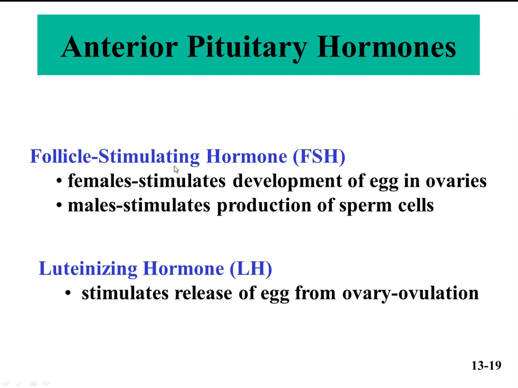So follicle stimulating hormone's target cells are in the ovaries and cause the ovary to promote the developing or the maturing of the ovum, or the eggs, in the ovary, and luteinizing hormone stimulates the release of that mature egg from the ovary during ovulation.